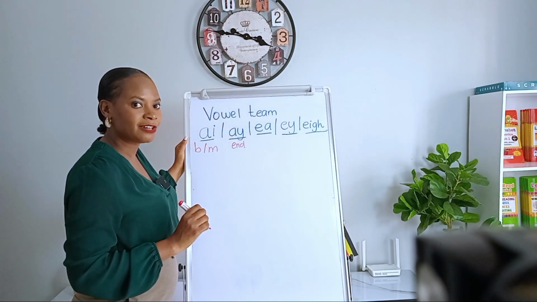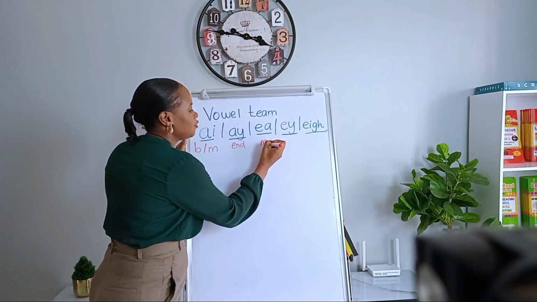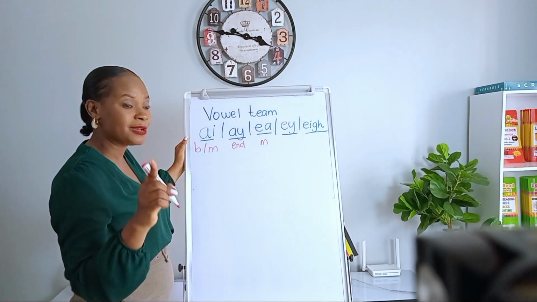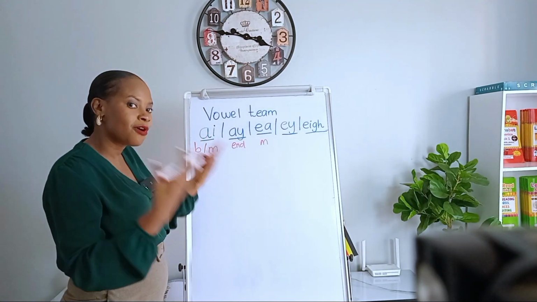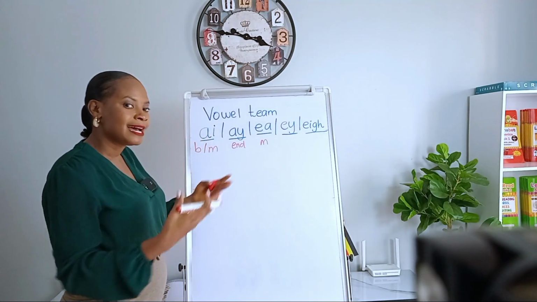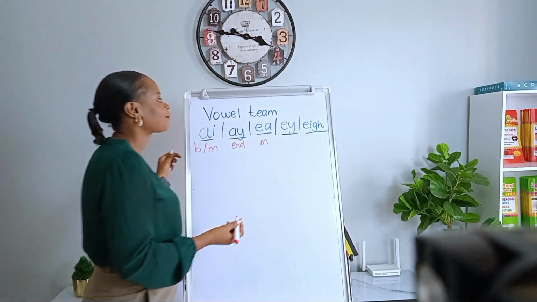Every time you sound out a word and hear the A sound in the middle, use EA. But remember, also AI comes in the middle. That's why the more you get exposed to these words, the more you read, the more you know which one to use when you're spelling.